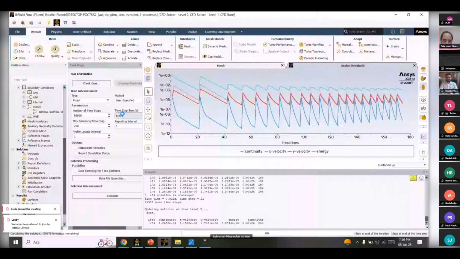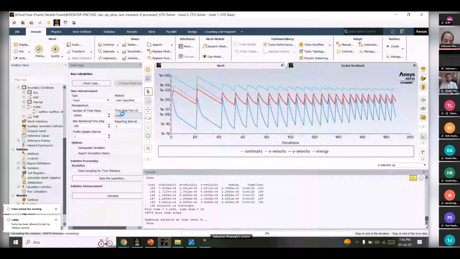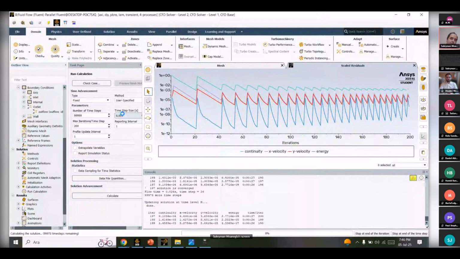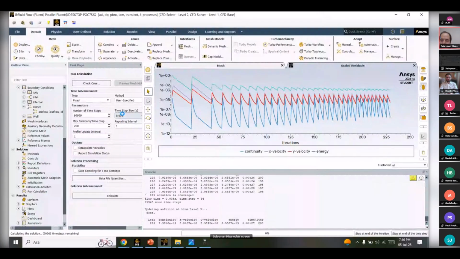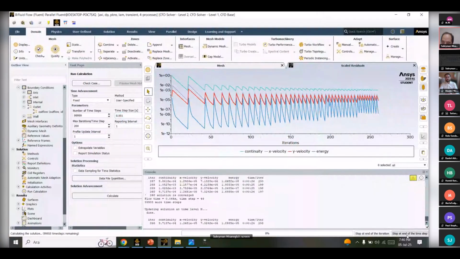But solution is converged. Of course, we will not wait to 2 days or 5 days. My master thesis was 25-day analysis. During the analysis, 25 days. Anyway, we can stop the analysis.